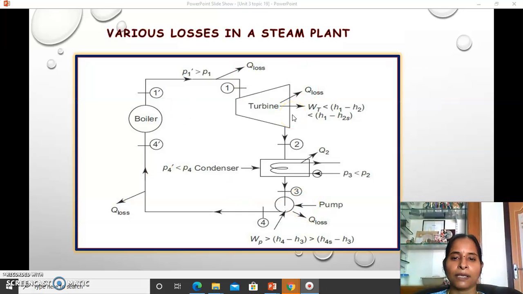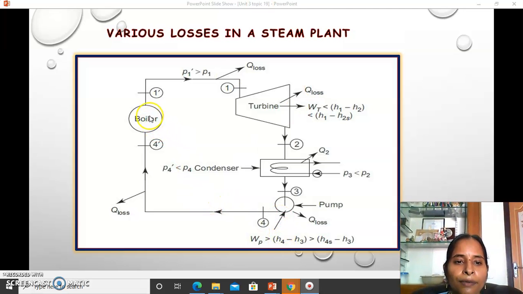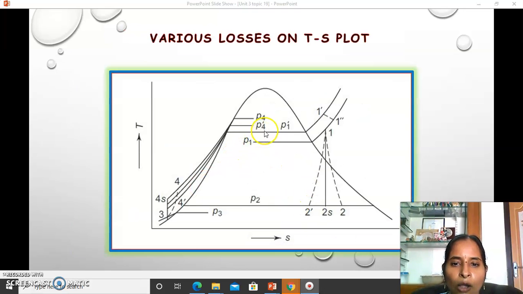Now let me explain. This is the boiler pressure, from the boiler to the turbine line. Here the pressure they are expecting is P1 dash. What is this P1 dash? Here, the pressure P1 dash is for superheated steam.